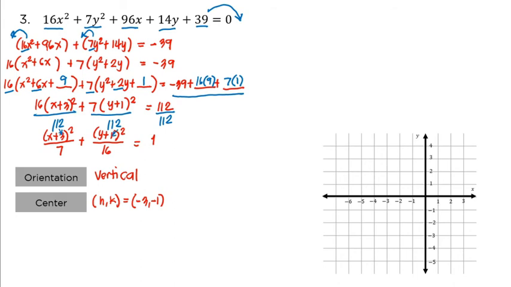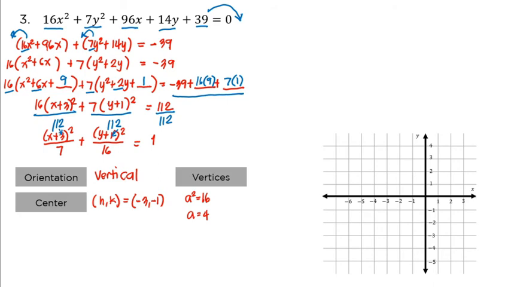Okay. Next is for the vertices. The vertices are A units away from the center, right? So we will need to find the value of A. So here we have from the standard equation, A squared is equal to 16, right? So A is equal to 4.